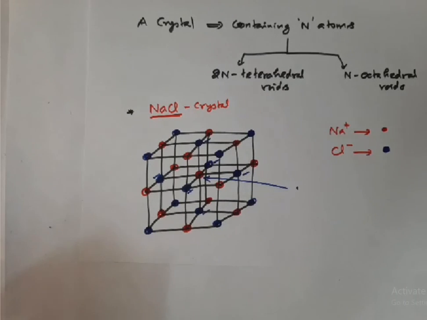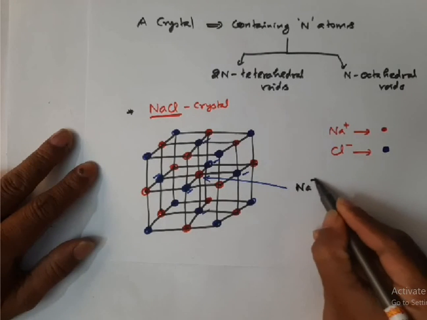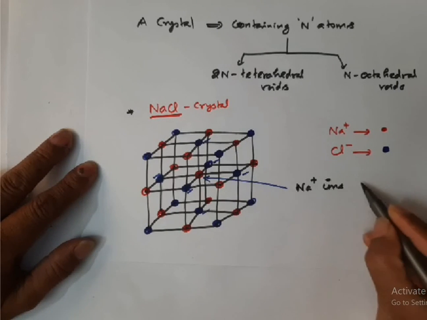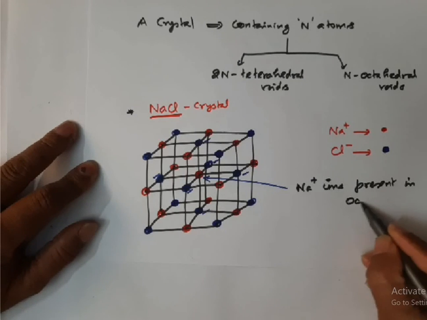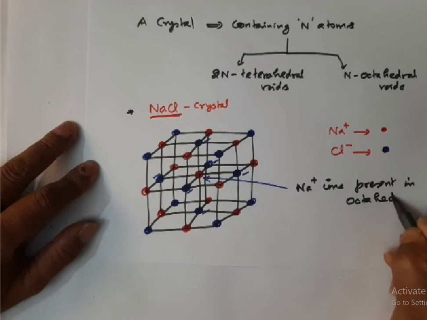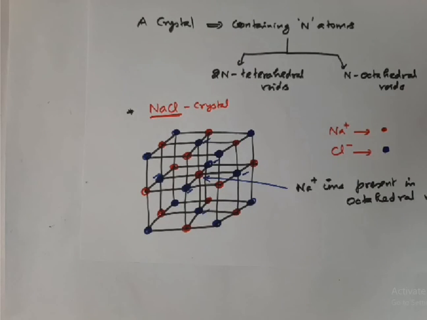Let me write here. In sodium chloride crystal, Na plus ions are present in octahedral voids. That's very important.